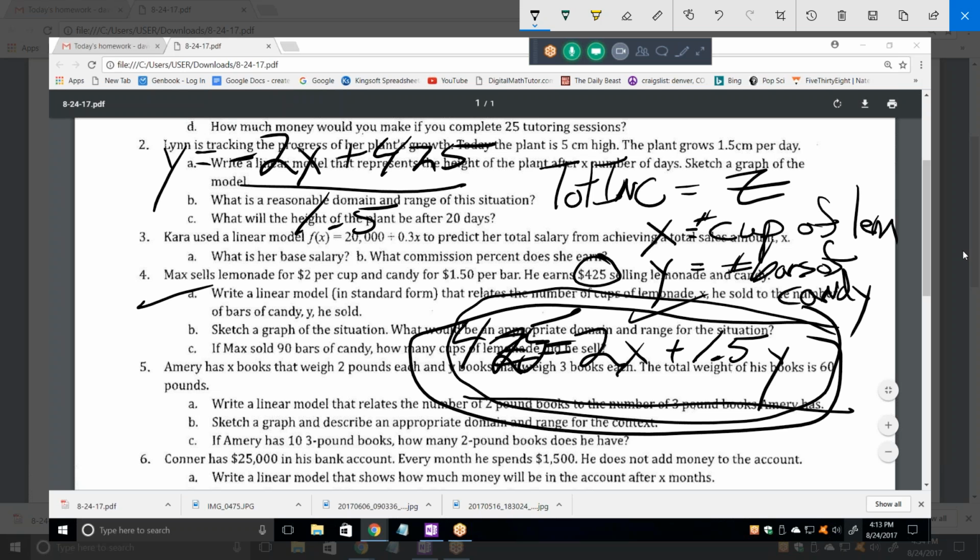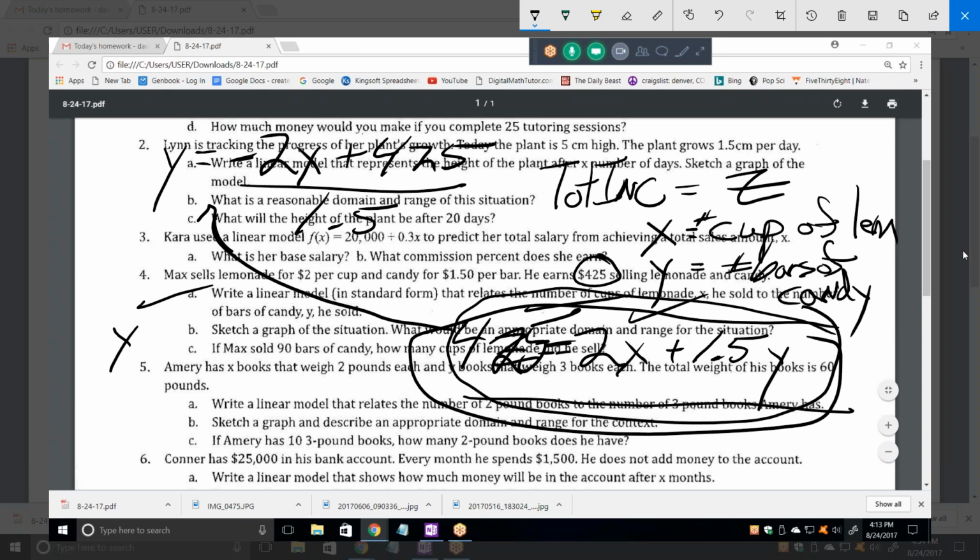In other words, I've taken this equation and solved for y. See how I get from here to there? All I did was solve for y. Move the 2x over with the 425, then I divide everything by 1.5.